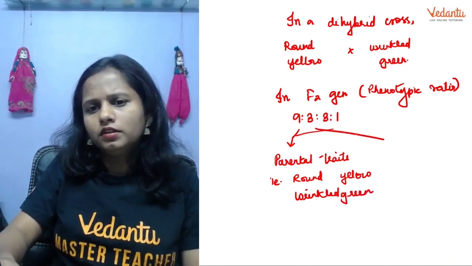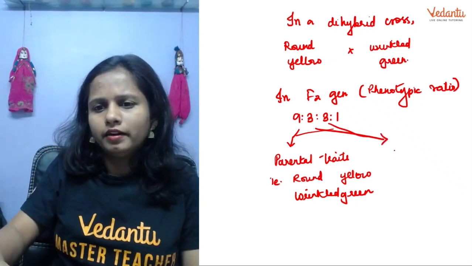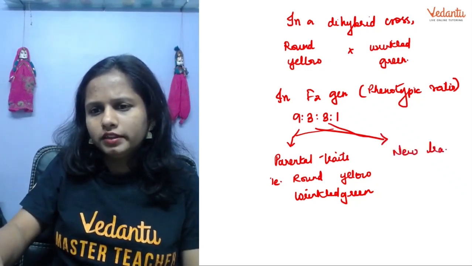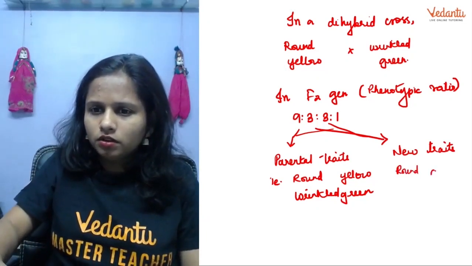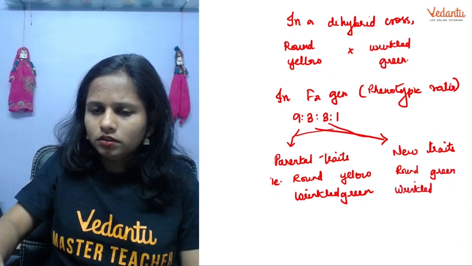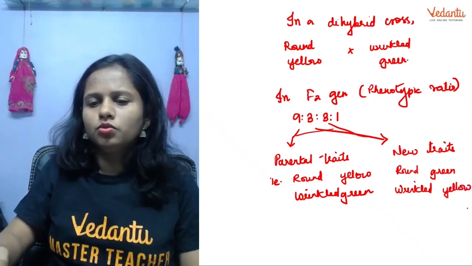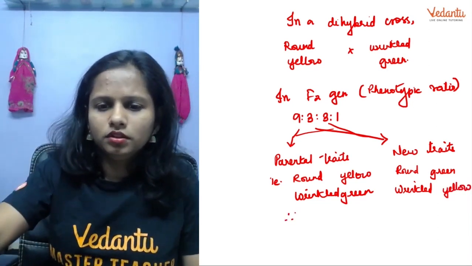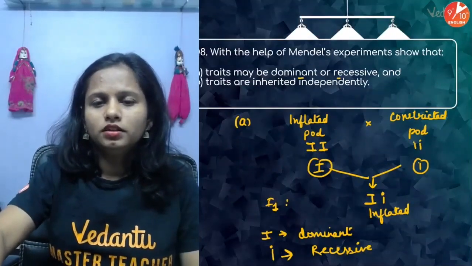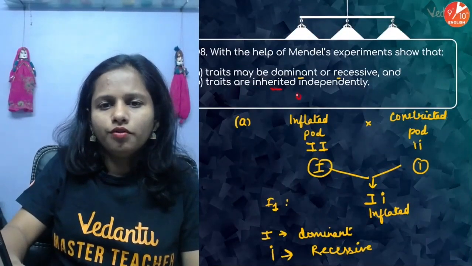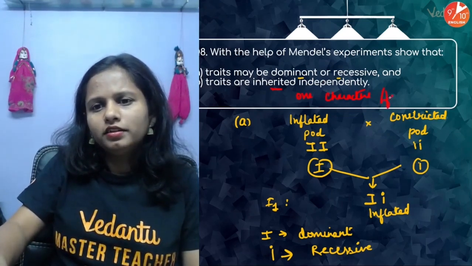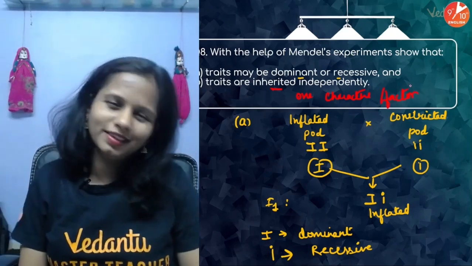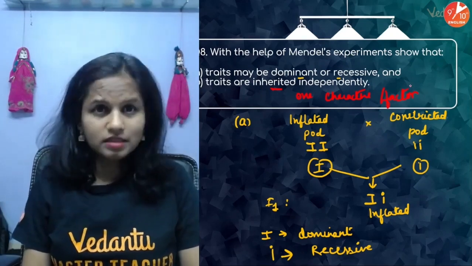However, these two are the new traits. Which are those traits? We get round green and we get wrinkled yellow. Therefore this states that the inheritance of one character or factor is independent of the other. As simple as that.